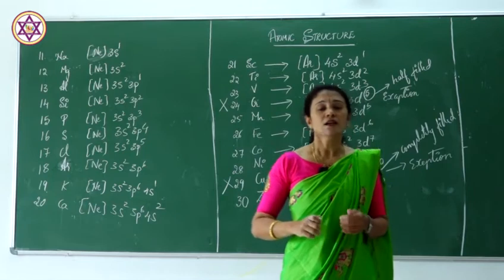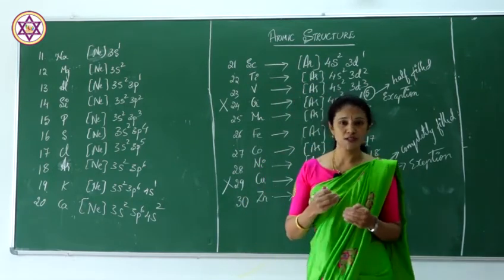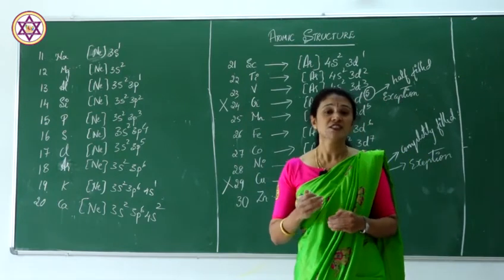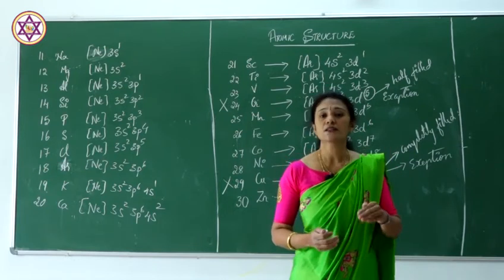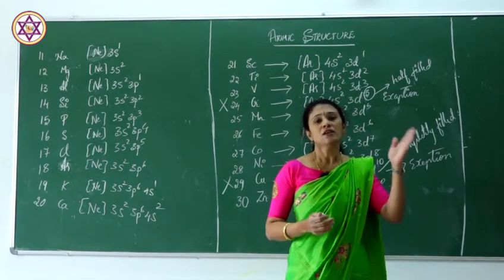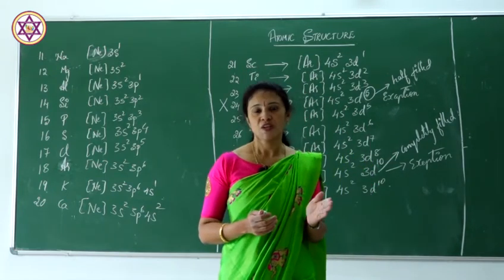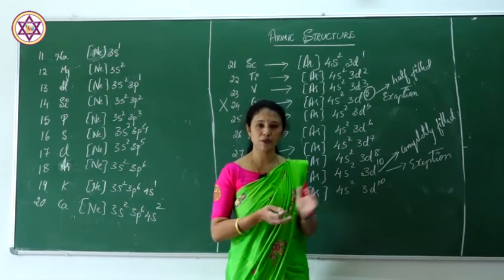We say that half filled as well as completely filled subshells have more stability. They are more stable. I will explain why, taking an example of chromium also.